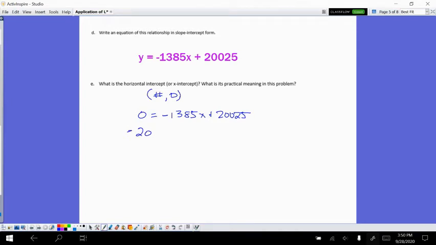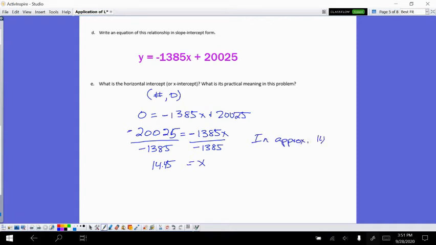This is negative 20,025 now. Excuse me. Then we would divide both sides by negative $1,385. And that would tell us that x is 14.45. So in approximately 14 and a half years, the car has no value.